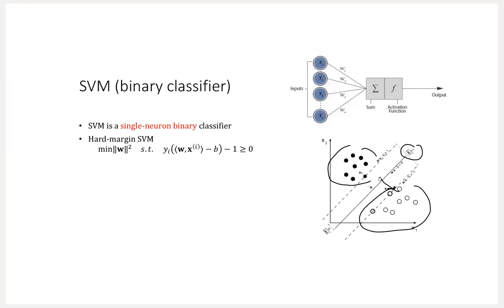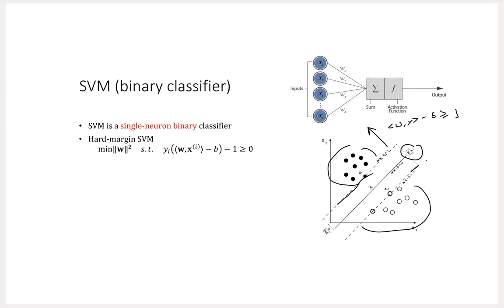More precisely, on this side we have W dot x, or maybe I write it as an inner product, Wx minus b is bigger than or equal to 1. And on this side it is exactly equal to 1.